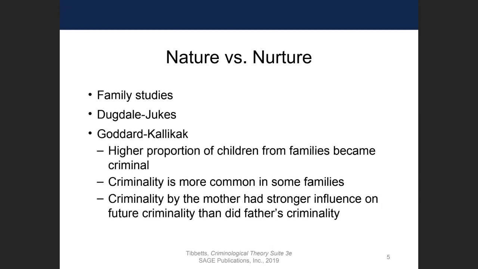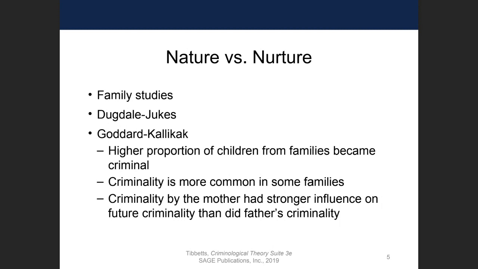However, if criminal behavior is the product of nurture, then what that means is that through interacting with other people and socialization in the family setting, in peer groups, and other social groups, individuals are taught to engage in criminal behavior.